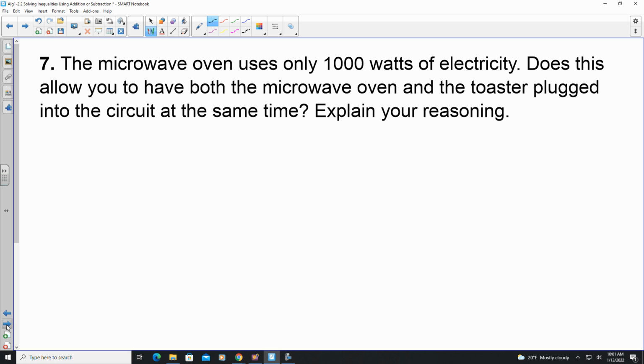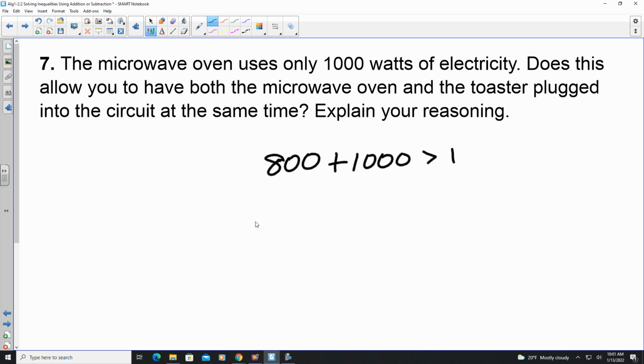Here it says, again, the microwave oven uses only 1000 watts of electricity. Does this allow you to have both the microwave oven and the toaster plugged in? So looking at this, you're going to have to write an inequality statement. They gave you the two pieces of information, I believe 800 and then 1000.